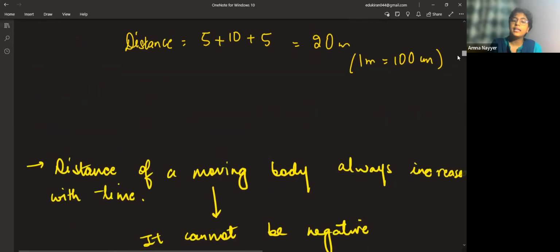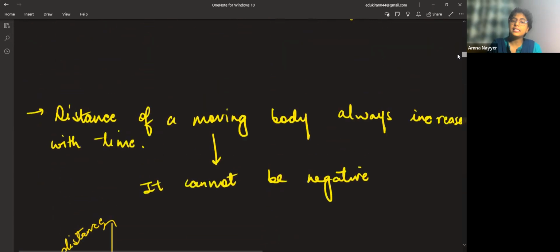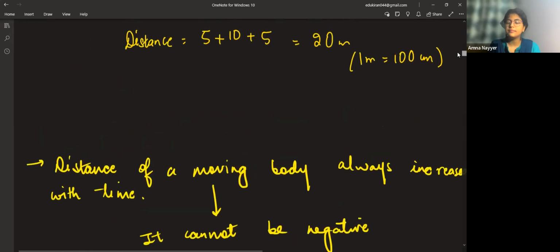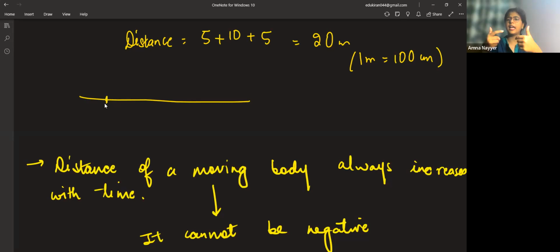All right. See, distance of a moving body always increases with time. This means you have distance and you have time. These are two quantities. So suppose with time, a certain distance has been covered by the body.